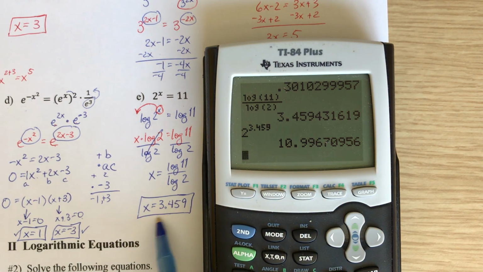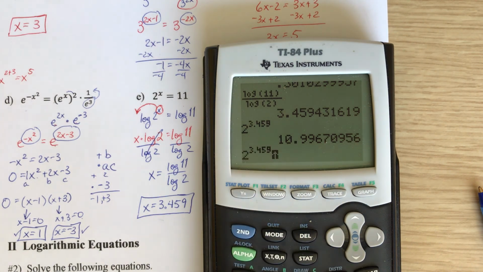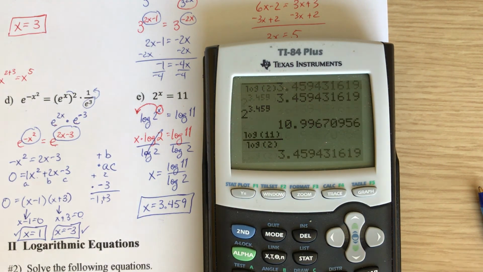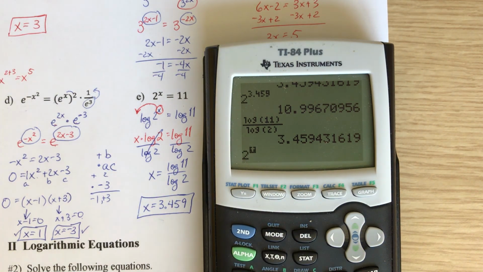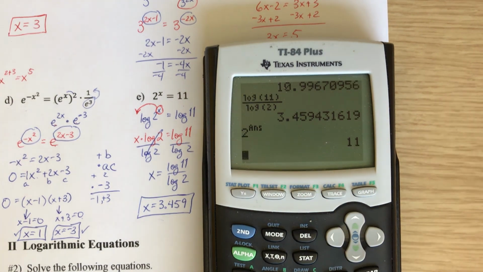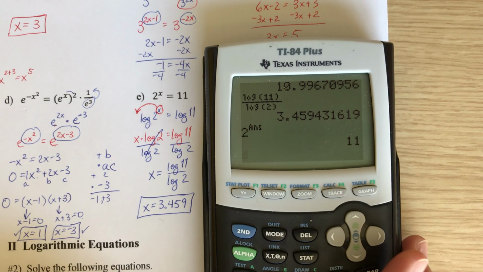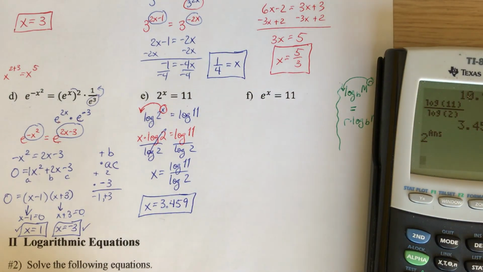I do, so this is a good approximation. Just to show you, if I were to use the whole decimal here, the whole answer, and tell the calculator to put the whole answer in, there's my 11 right there. Okay, so it's good. And that is the end of part 1.